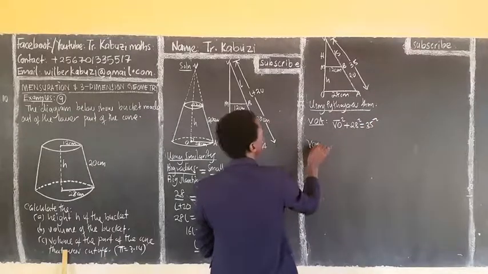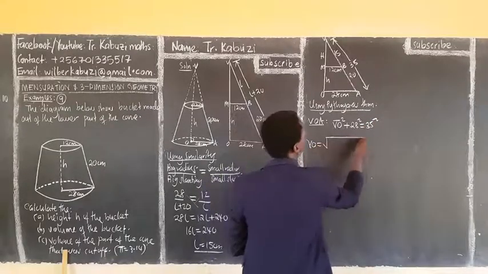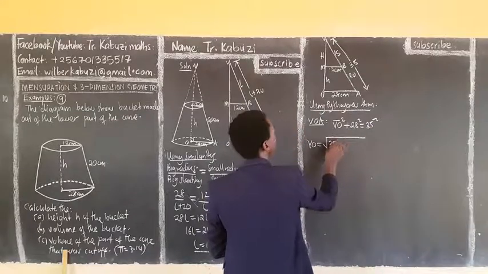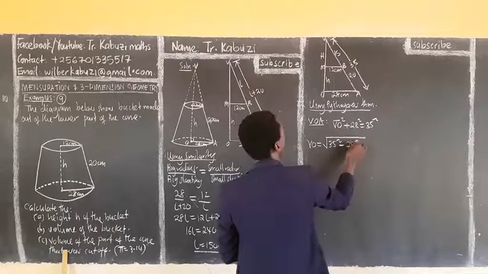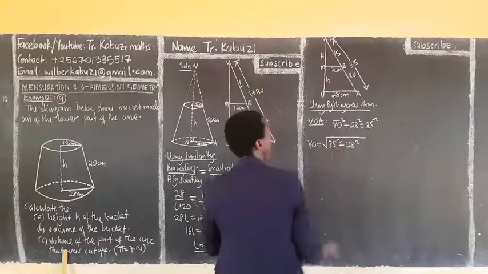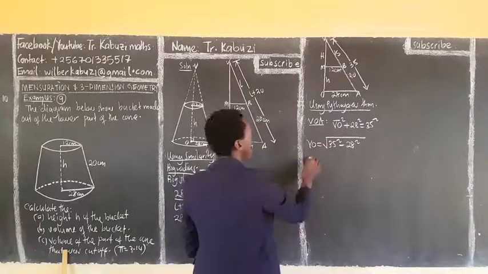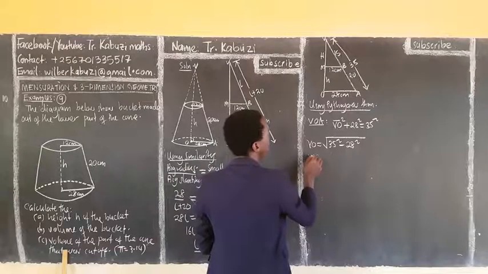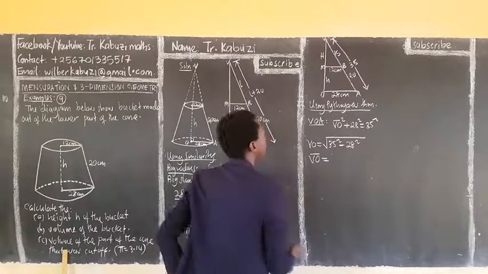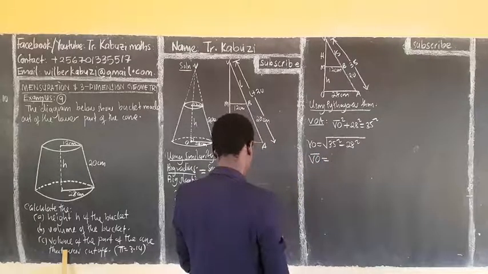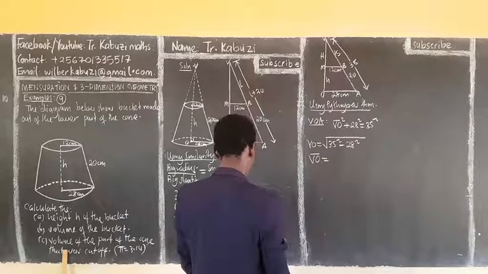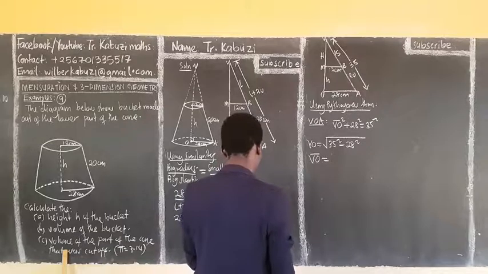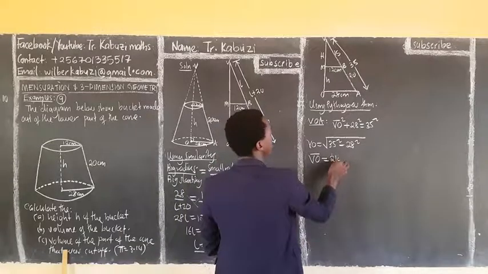And now my VO is going to be the square root of that 35 squared, then minus 28 squared, then I get a square root there. And so now my VO here is going to be 21 centimeters.